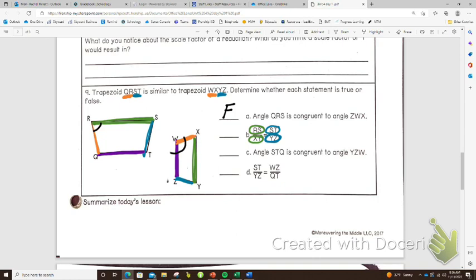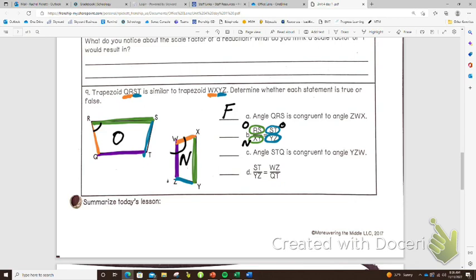But the next thing you have to check on your proportions is where the original and where the new side lengths go. So let's say that this first one is our original and this is our new. Well, RS is the original. XY is on the new.